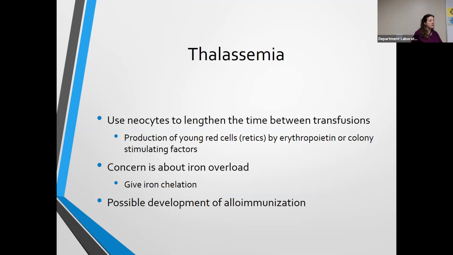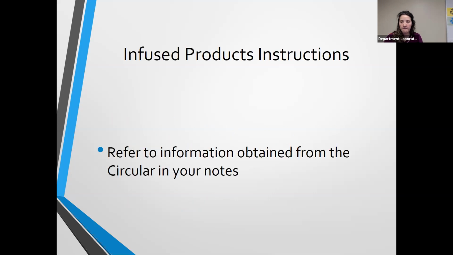Those neocytes in the thalassemia patients can last longer in between transfusions, again reducing the potential that they're exposed to multiple donors for alloimmunization. Iron overload is still a concern for them because of so many transfusions, so iron chelation might be used in these patients as well.